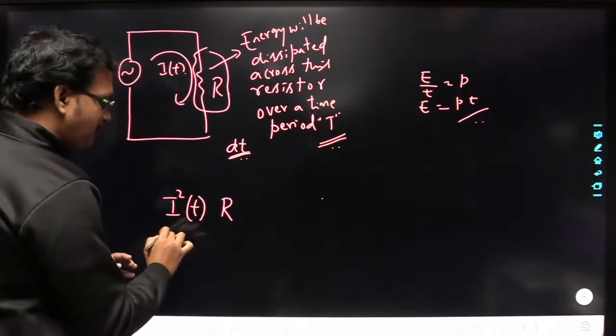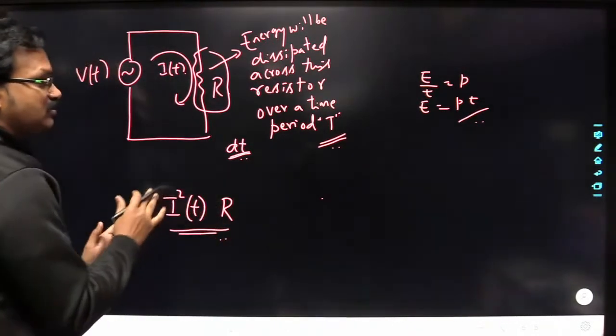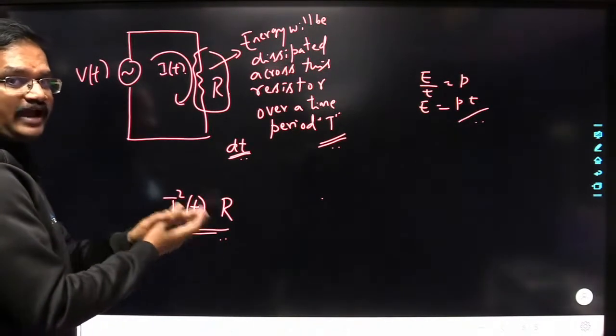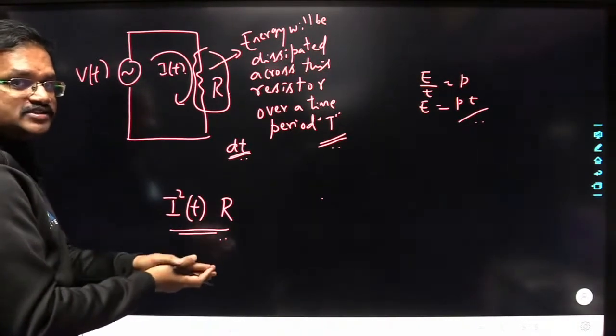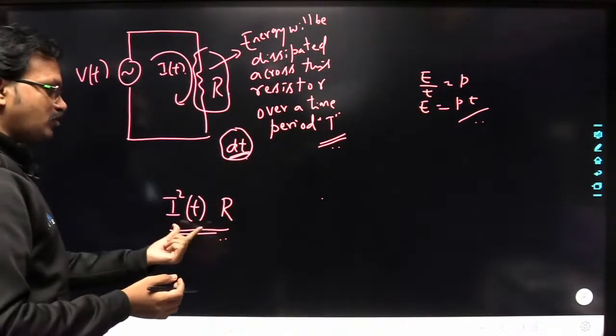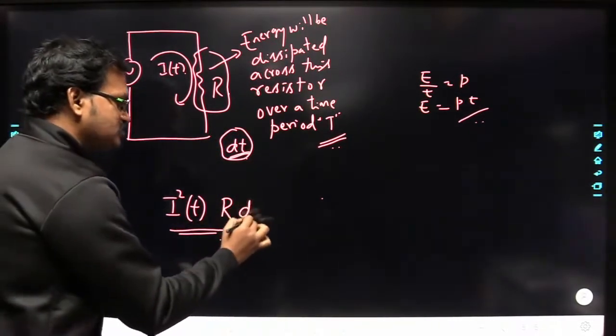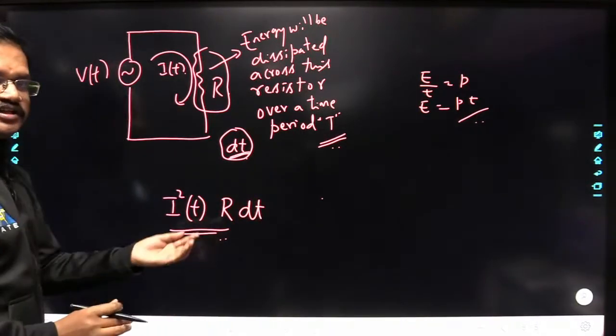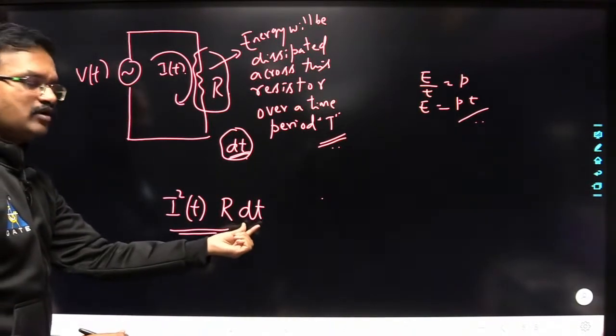So this is the power that is dissipated across the resistor. I want the energy that is dissipated within a small interval of time, that is dt. So what you have to do? This power multiplied by this dt will give you the energy dissipated over a small interval of time dt.